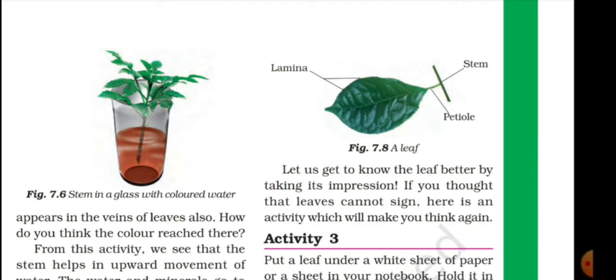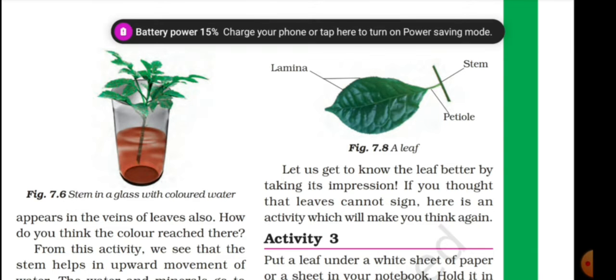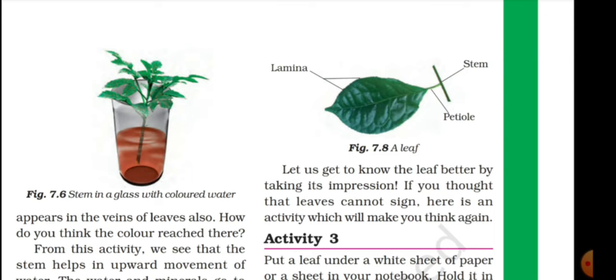That छोटा सा part that is connecting leaf with the stem, this is called petiole. So that we prick it as well sometimes. So from here only you pick the leaf from the stem. So this is petiole, and this outer lining of the leaf is called lamina.